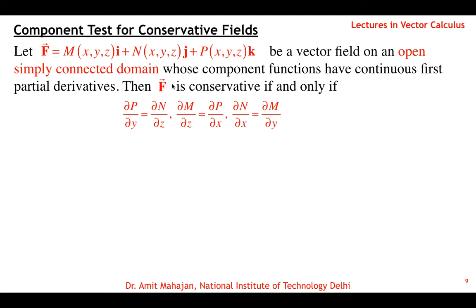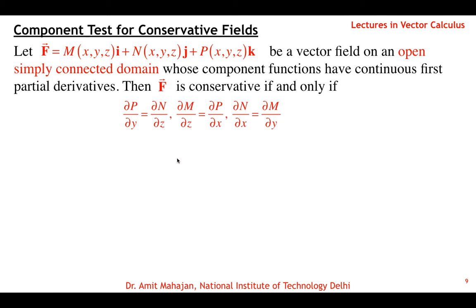Then the field is conservative if and only if this is true: the P derivative with y equals the N derivative with z, the M derivative with z is equal to the P derivative with x, and the N derivative with x is equal to the M derivative with y. If this is true, then the field is conservative, and if the field is conservative, then this is true. So it goes both ways.